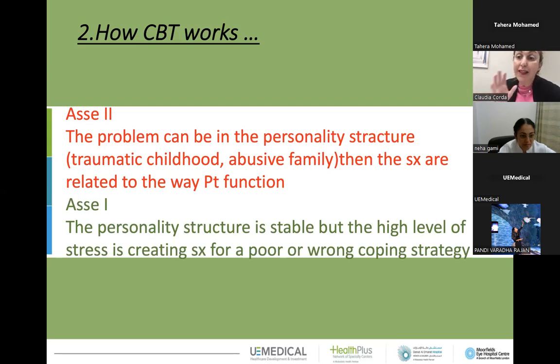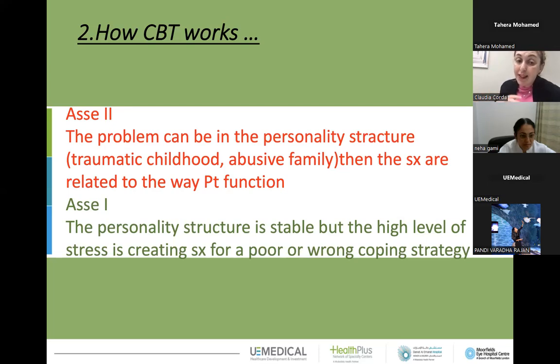And then we have the second big group, Axis 1, when the personality structure is stable. So the software works more or less. There are not many symptoms, not a big history of symptomatology in the history of the patient, but they are, for example, in a stressful period or at a high level of stress.